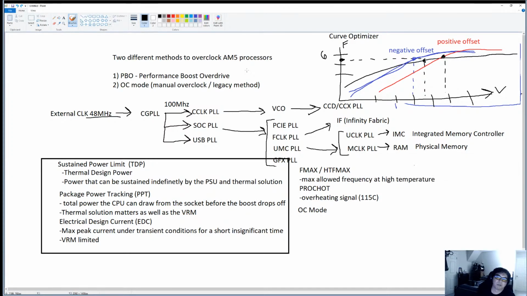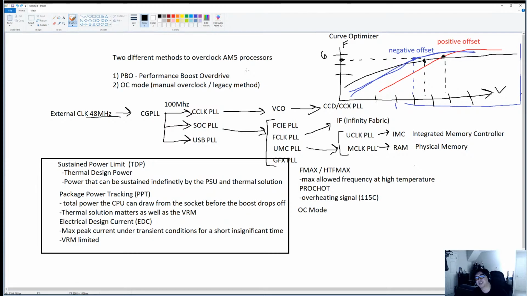I remember when Zen 1 first launched back in 2017, I wanted to overclock the processor, and the only way that I could do it at launch was through OC mode, unless you had a Crosshair Hero, which I got at a certain point later on, which exposed what they call the P-states, the performance states, or I guess power states. P-state overclocking essentially evolved into what we have now with Precision Boost Overdrive.